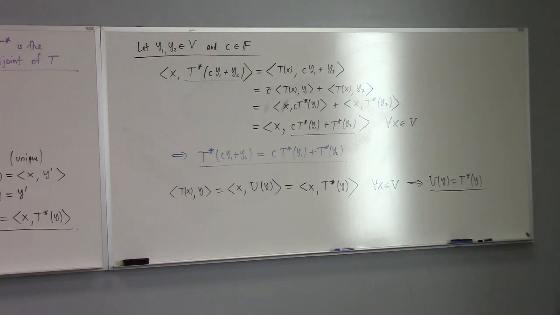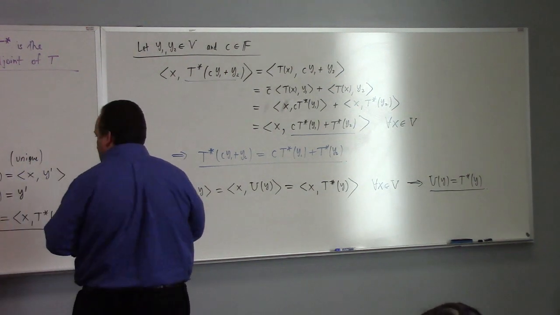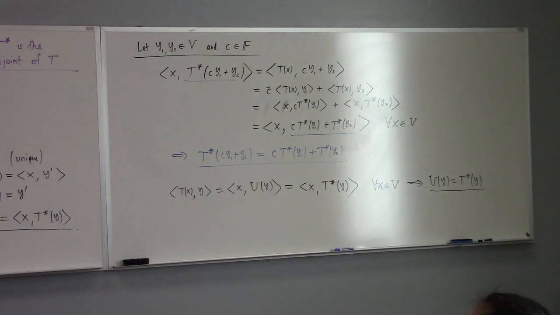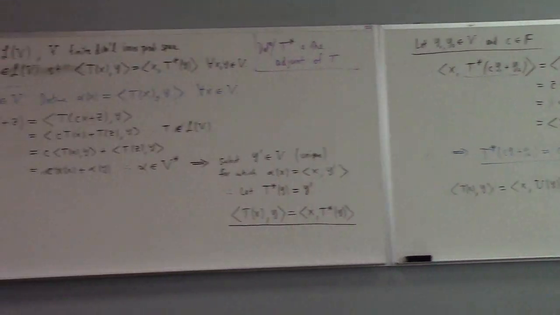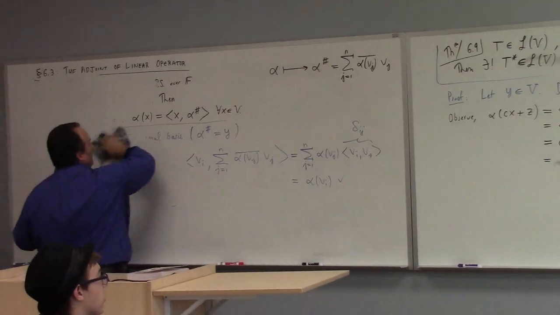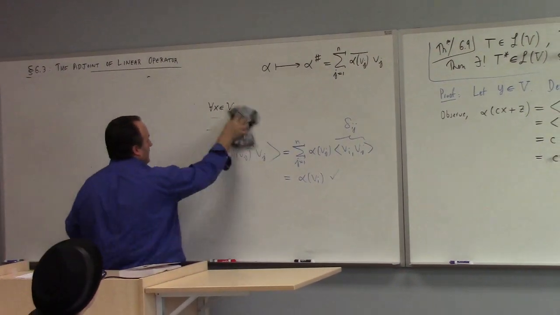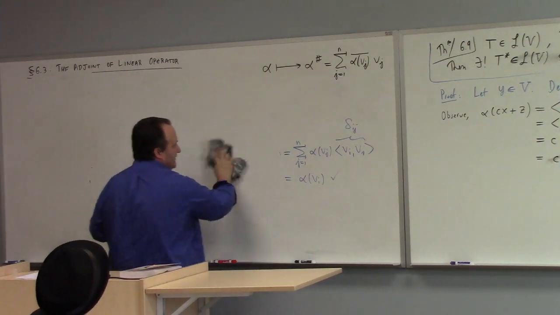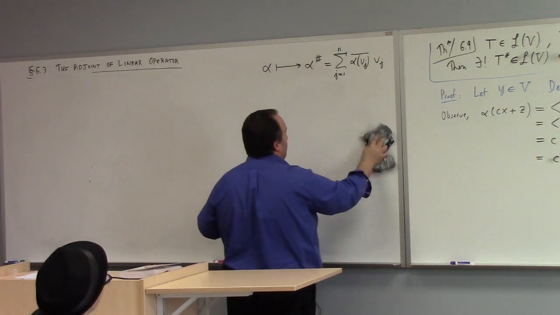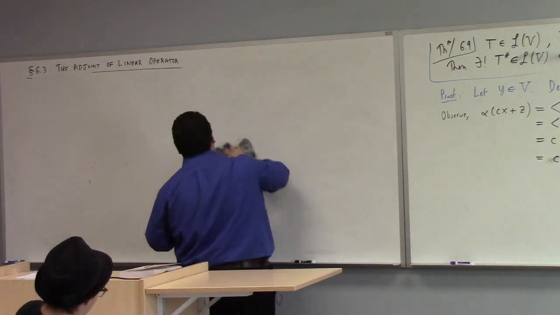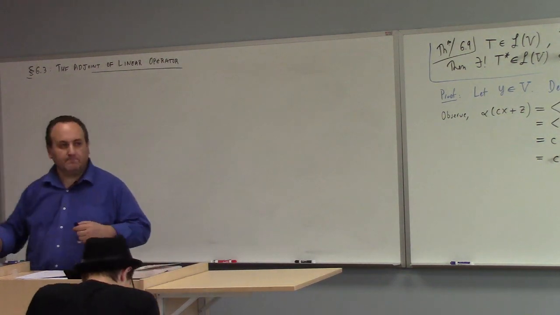So the adjoint is a linear transformation. And the question is then, how is it related to my original linear transformation, right? Now we also introduced the star notation just for taking the conjugate transpose of a matrix, remember that?